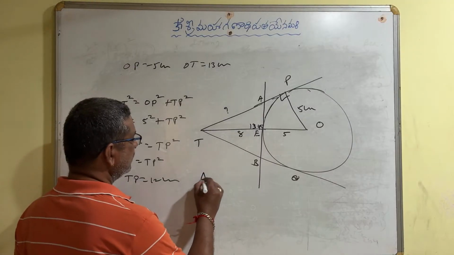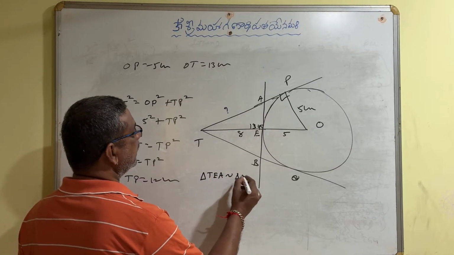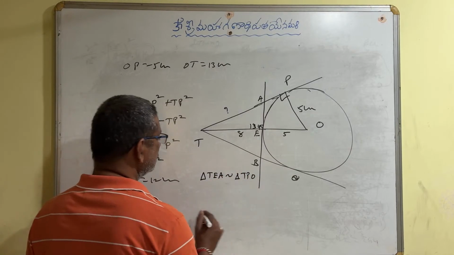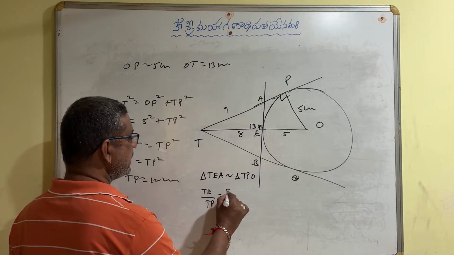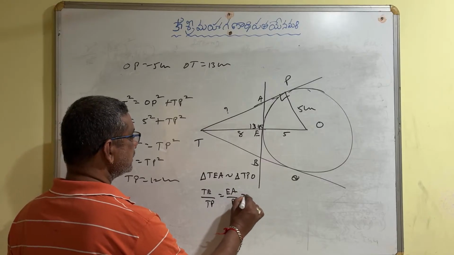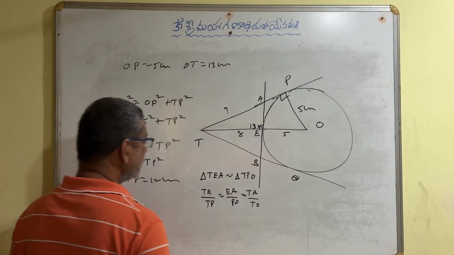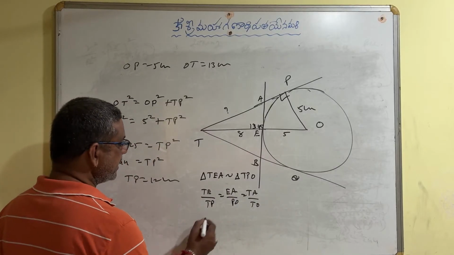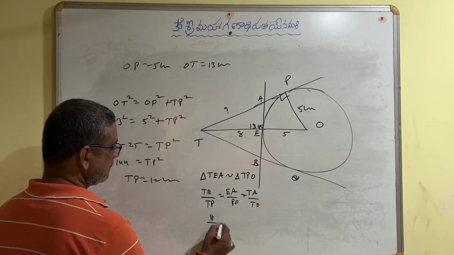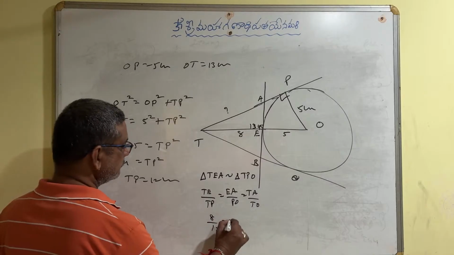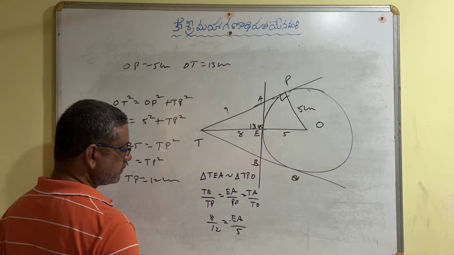Triangle TEA is similar to triangle TPO. So TE by TP is equal to EA by PO is equal to TA by TO. Now insert the values. TE is 8, TP is 12, EA we don't know, PO is 5.